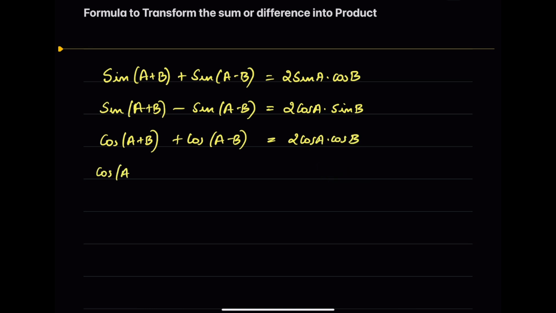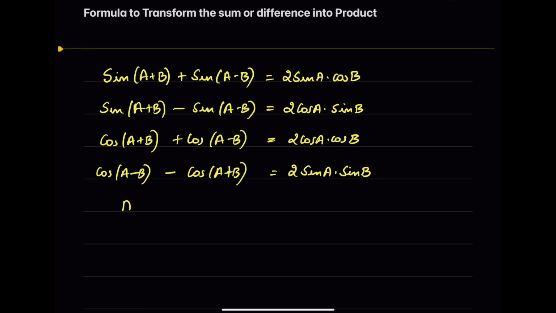And cos of a plus b minus cos of a minus b, this is equal to, this is cos of a minus b minus cos of a plus b. So that's a unique formula so that we can avoid the negative sign. So this is 2 sine a sine b.